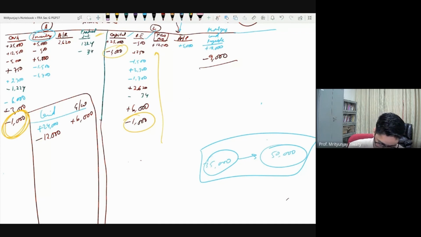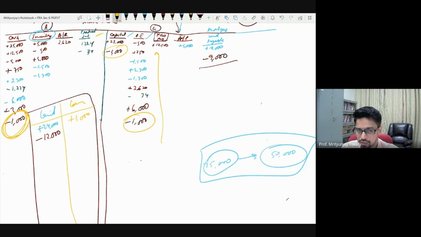So anyway, this goodwill is not needed, so I'll rub this one off. So in the asset side, I should have one more asset called loan, and add $1,000 to this. What is the meaning of this? According to her, the meaning of this is that cash has fallen down and you have a new asset called a loan. Only thing is this loan is given to the owners.